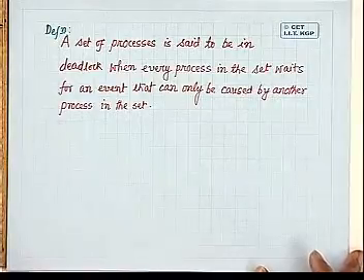Now, as we said, it is the responsibility of the operating system to see that deadlock does not occur. Then the operating system must know the reasons which can lead to deadlock, or the conditions of deadlock.